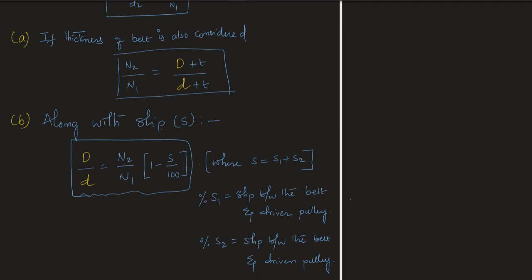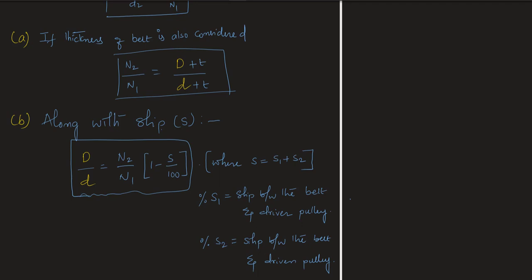Now what is slip actually? Let me explain. Slip is a phenomenon in which the movement of the pulley takes place without the movement of the belt.